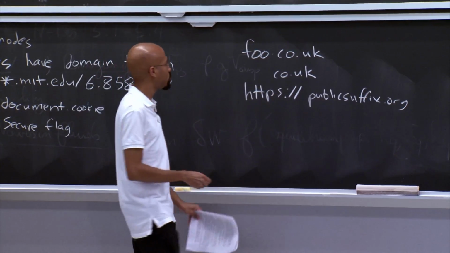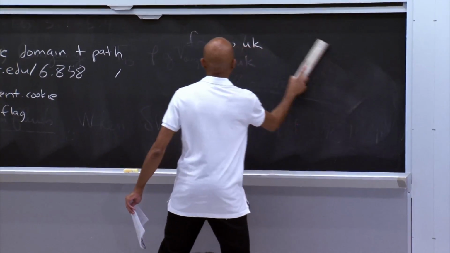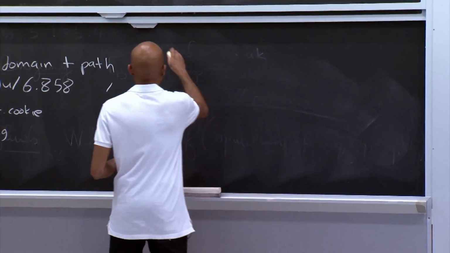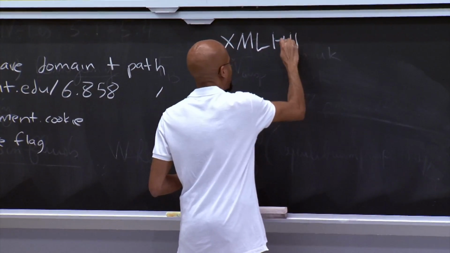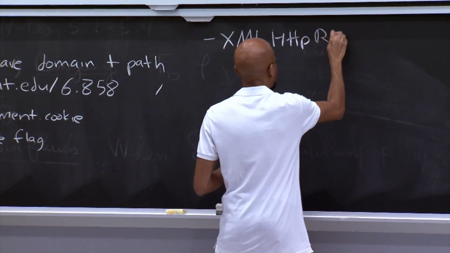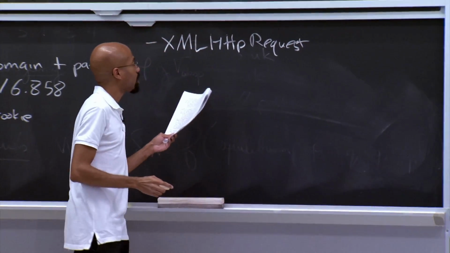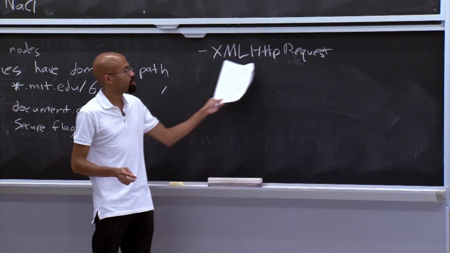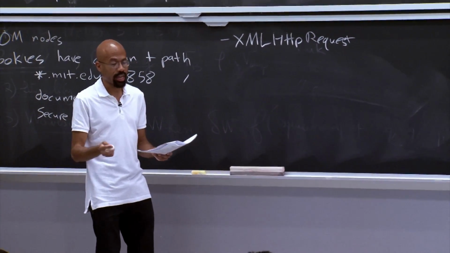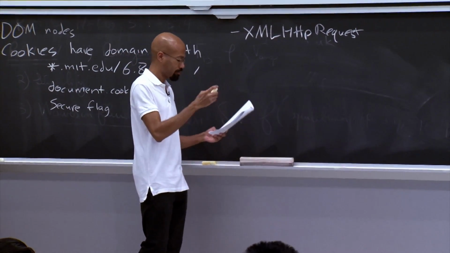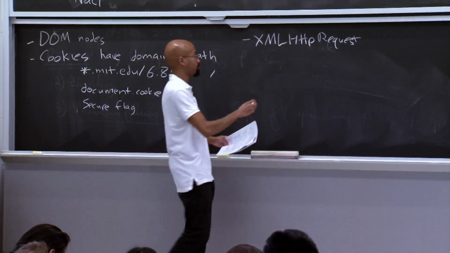So with respect to XML HTTP responses, how are they treated by the same origin policy? By default, JavaScript can only generate one of these if it's going to its origin server. However, there's this new interface called cross-origin request, or CORS.